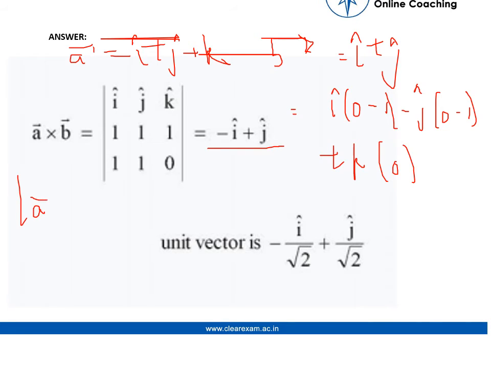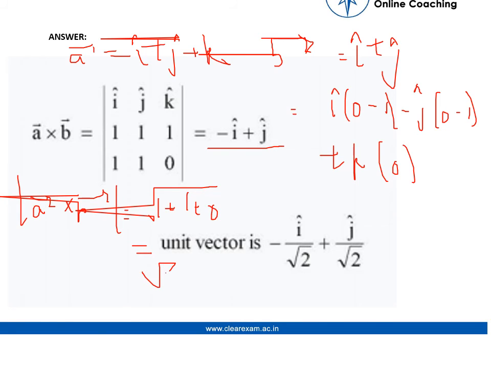Now the magnitude is given by mod of A into mod of B, which gives us 1 plus 1 plus 0. So it gives us under root 2.